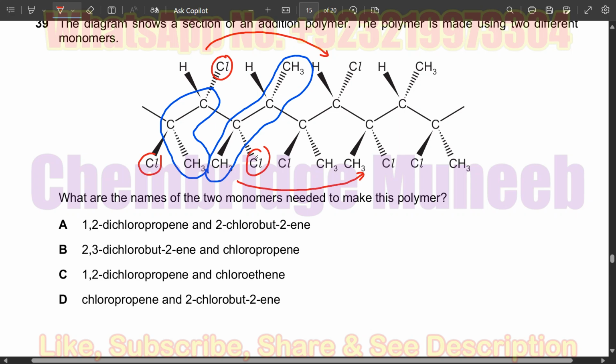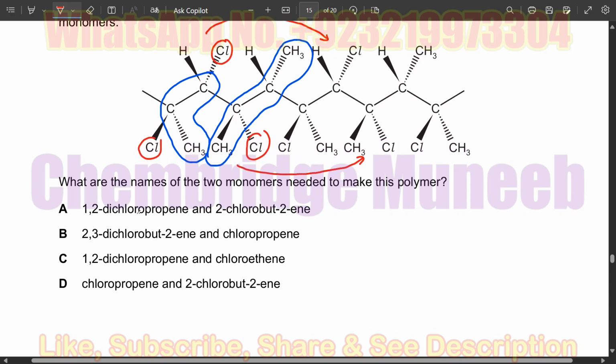So these are the monomers present here. We just have to now check out their names from the given options. For the first monomer, we can see that we have chlorines on carbon number 1 and 2, sorry, because we have to start numbering from the end which gives the smaller number.